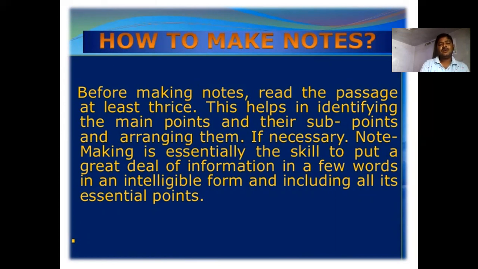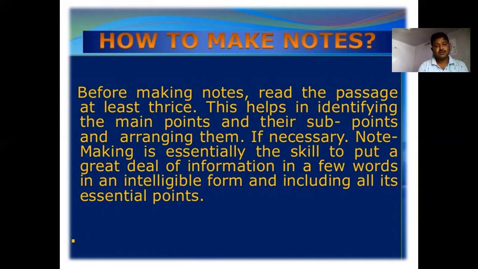Try to write one or two, three or four points as rough work for identifying the main idea of the passage. On the second reading you can get another idea, and try to make some notes about that second reading, and go through it thrice also.